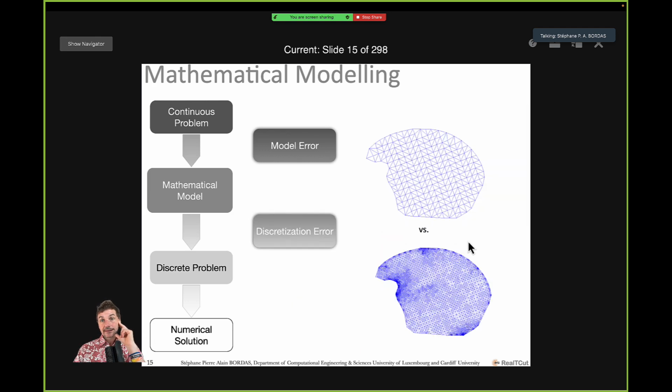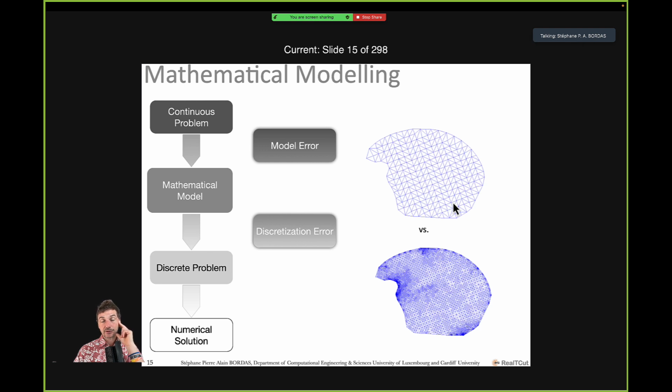And finally, and this is what we'll be interested in today mostly, we have a discretization error, because we solve the mathematical model using a discrete set of points, which you see here. Either the nodes, if you have point collocation, or mesh-free methods, or if you have finite element methods, you solve that thing, and that thing, of course, is not perfect.